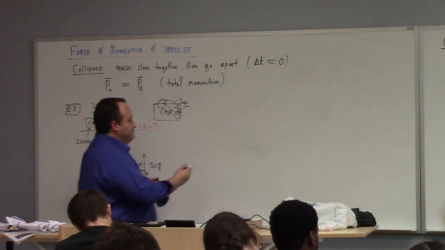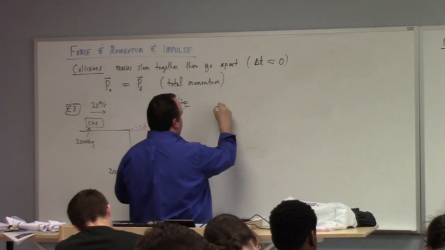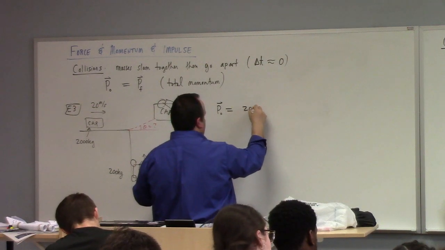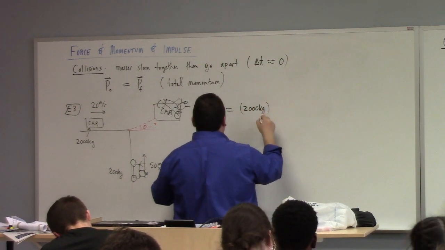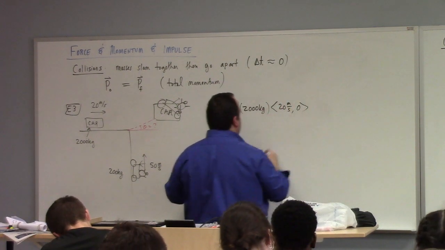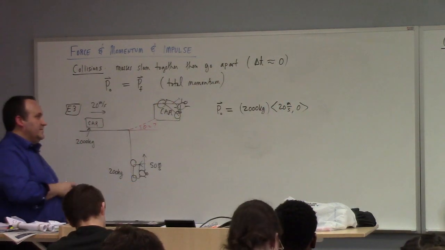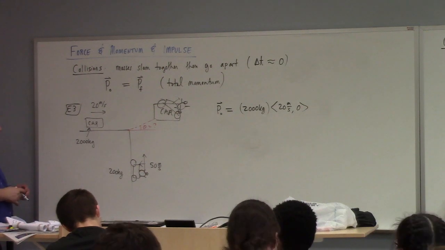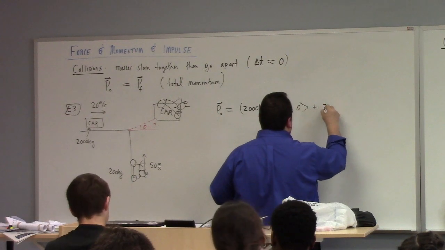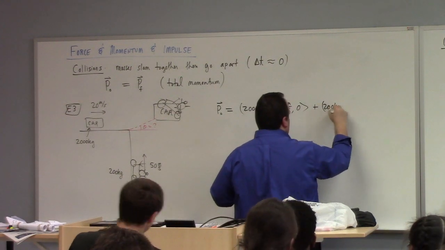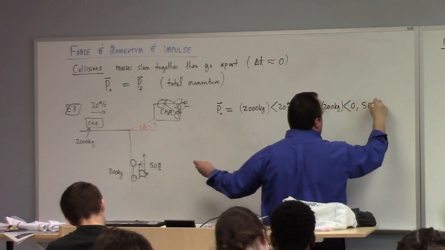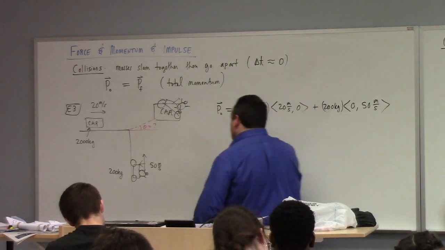So initial momentum is, well, we got 2,000 kilograms times 20 meters per second, 0. That's the initial momentum of the car. The initial momentum of the bike is what? 200 kilograms times what? We got 0, comma 50 meters per second. All right?